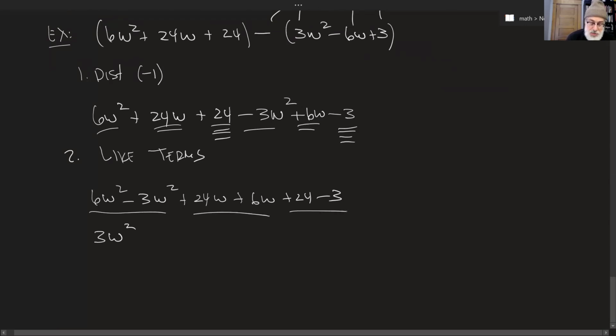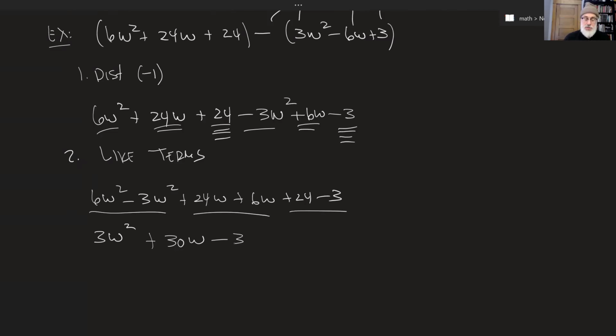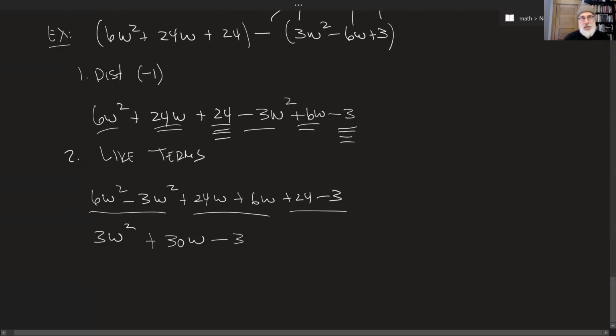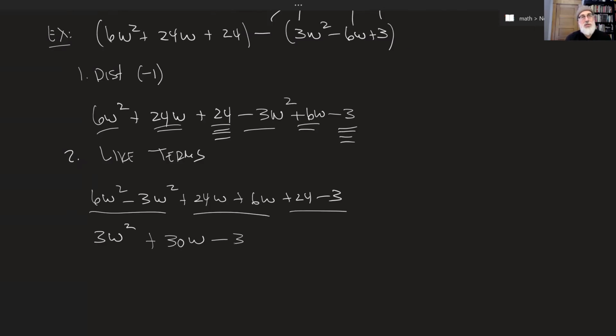It helps to have a process. It becomes automatic. So we combine like terms, and we get 3w squared plus 30w minus 3. Okay, so subtracting and adding are exactly the same. We need like terms. We perform the operation. With subtraction, the difference is you must distribute that negative to each term of the polynomial you're subtracting.